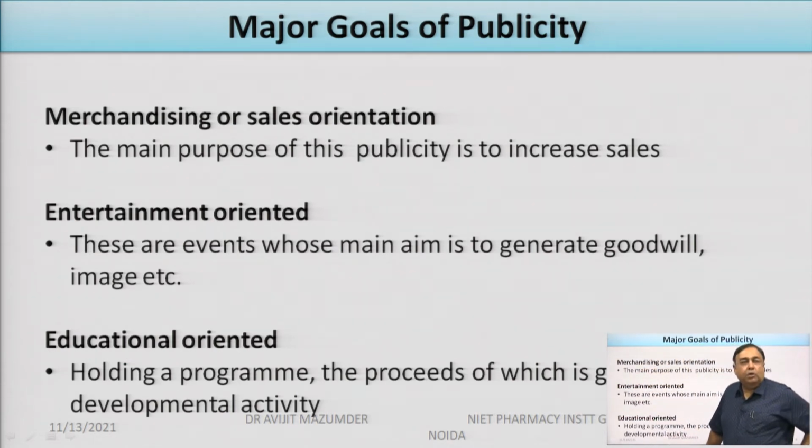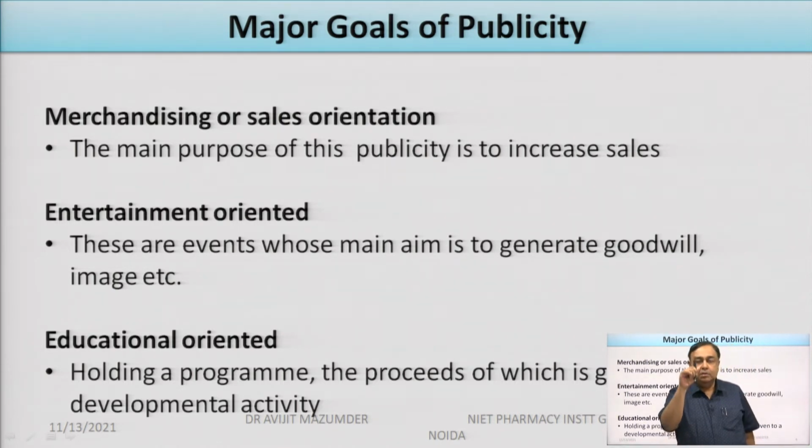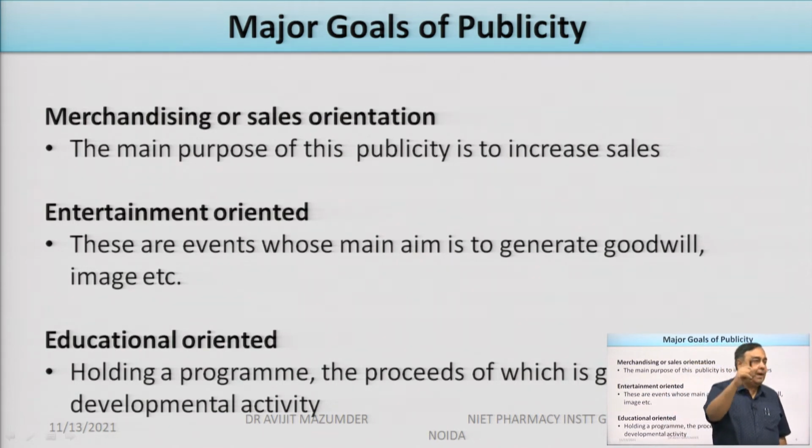Now, the major goals are merchandising, or orientation towards sales. The main purpose of publicity as far as our marketing approach is concerned is to increase the sales, first of all. Second, entertainment oriented.